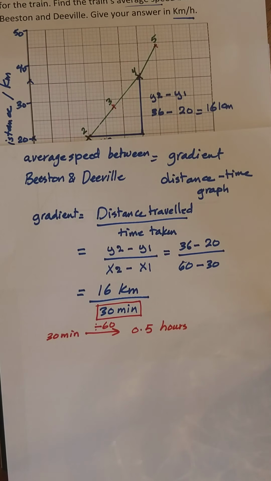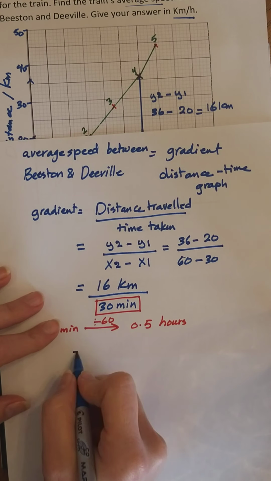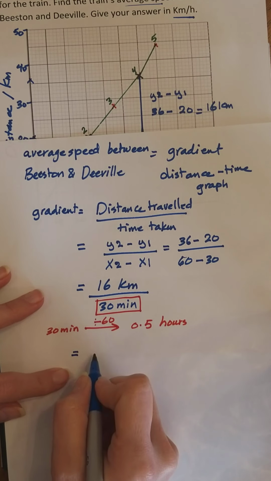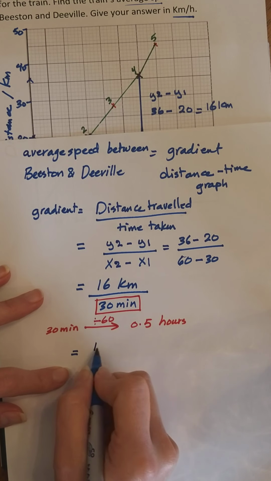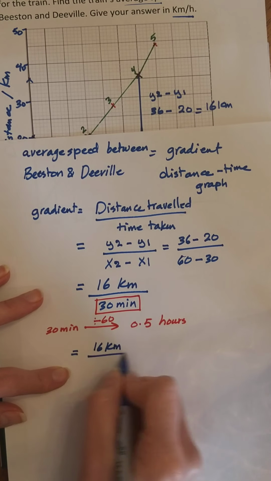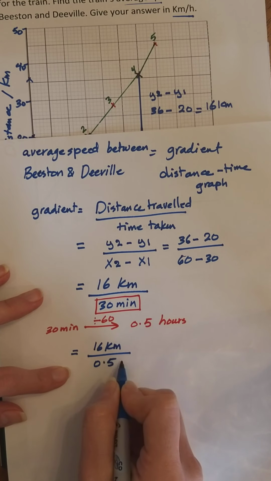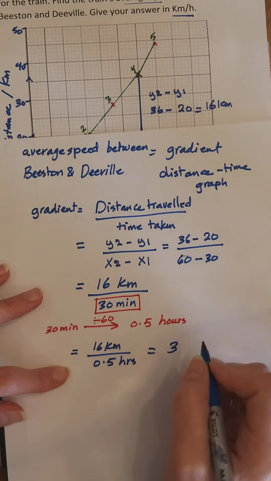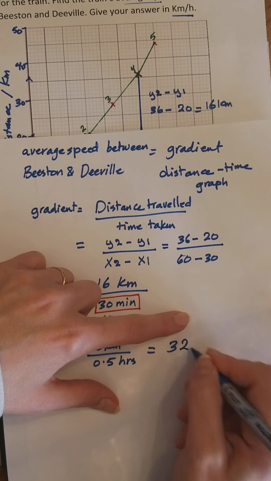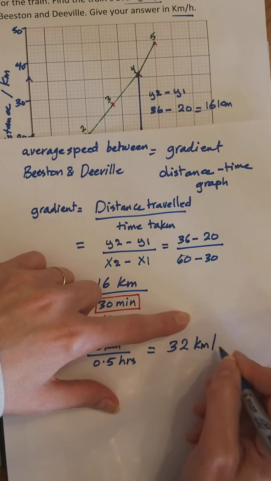Now we replace the 30 minutes with 0.5 hours, so 16 kilometers divided by 0.5 hours equals 32 kilometers per hour.